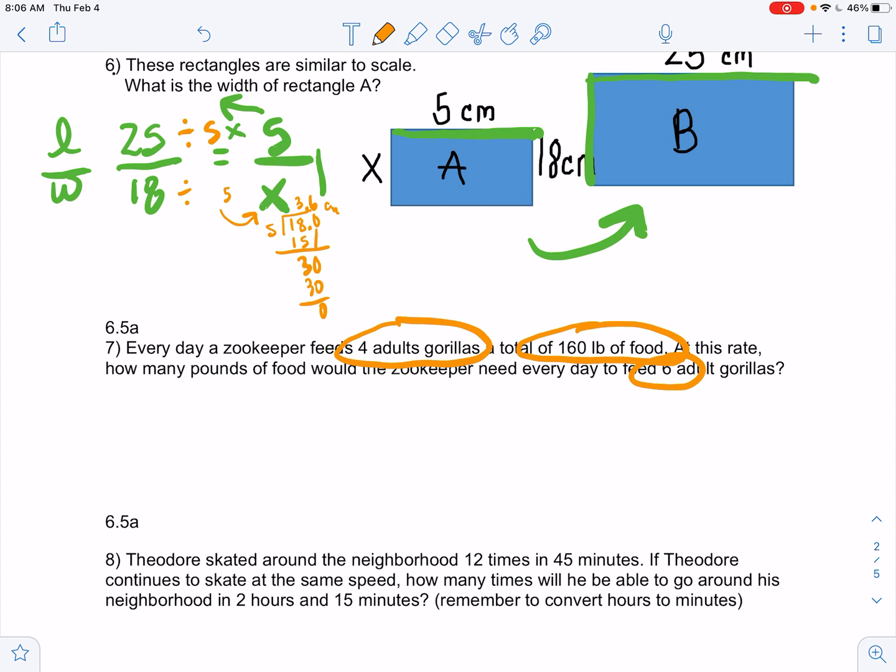So we know our ratio is 160 pounds to our gorillas. So I'm setting up my ratio, food to my 4 adult gorillas. They're asking for food, and they have given us our gorillas.